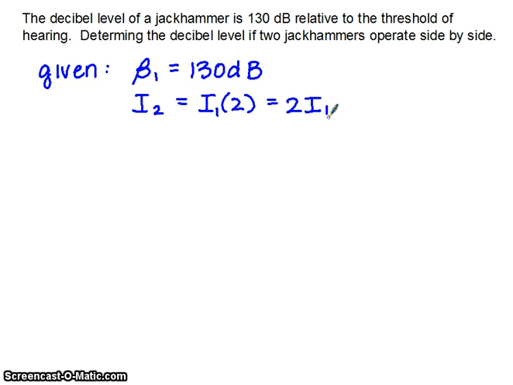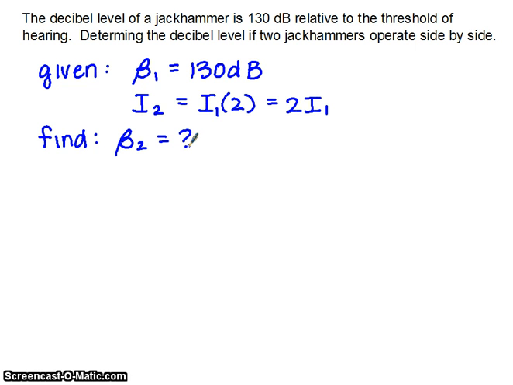Okay, so we look at our subscripts here. 1 is referring to one jackhammer, 2 is referring to two jackhammers. So we have twice the intensity of one jackhammer for two jackhammers. We're trying to find beta 2.